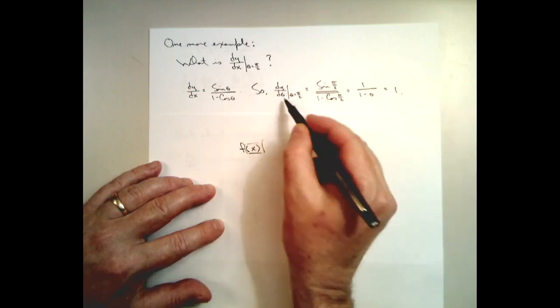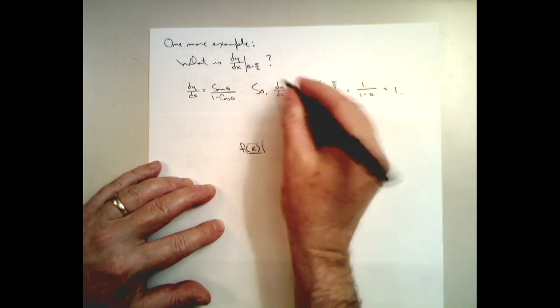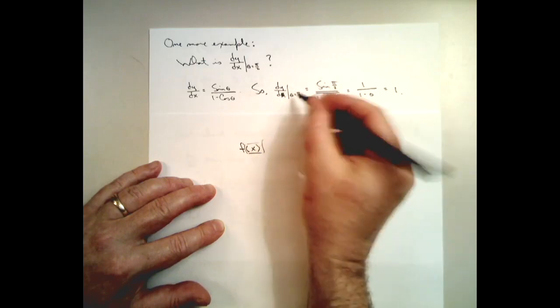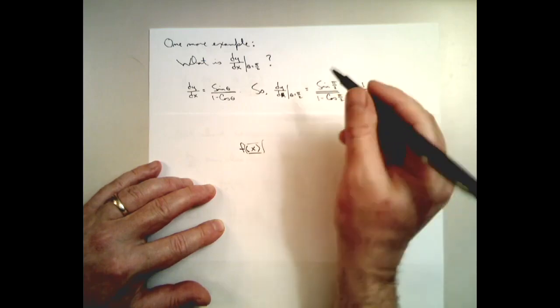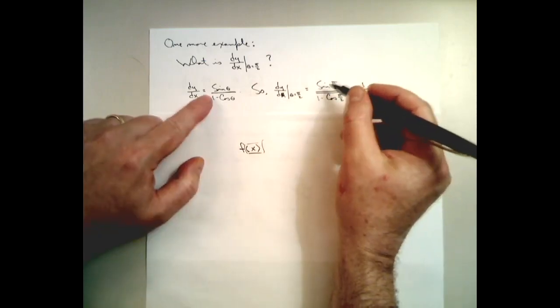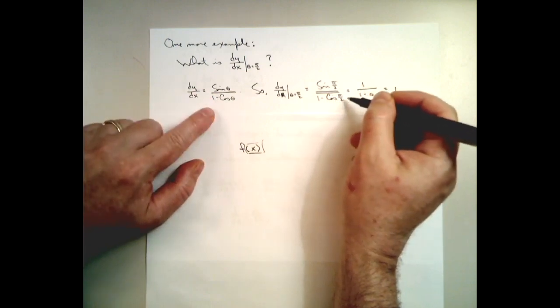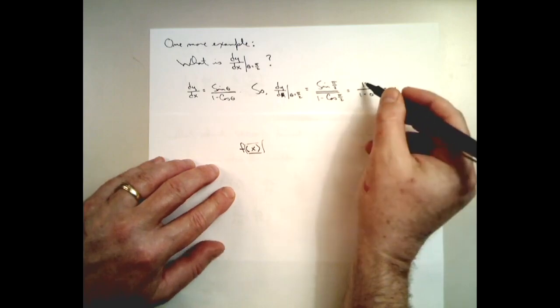All right, so here we go. We're looking for, this is incorrect. This should be an x, shouldn't it? Right. So dy/dx at the value of pi over 2 is going to be sine of pi over 2 over 1 minus cosine of pi over 2. Sine of pi over 2 is 1.